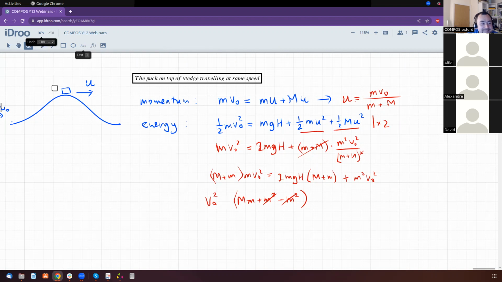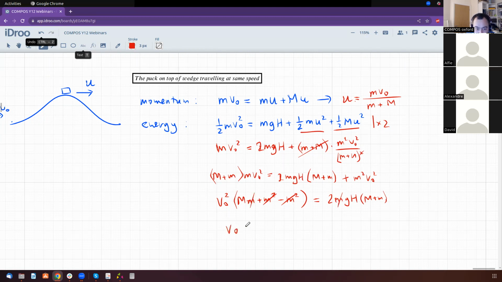What am I doing? Like this. V0 squared is equal to 2mgh over m plus m. M cancels.